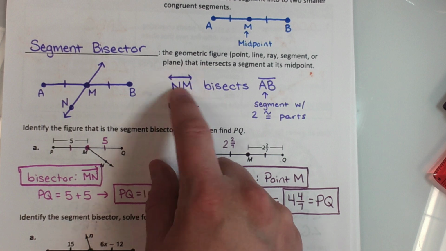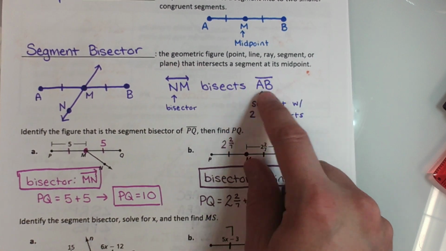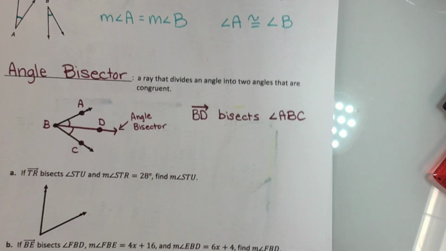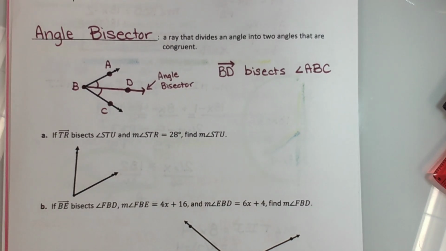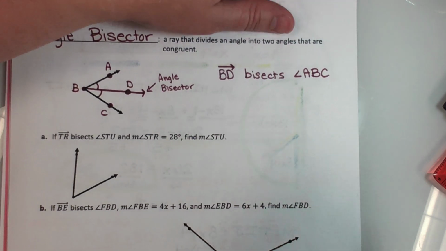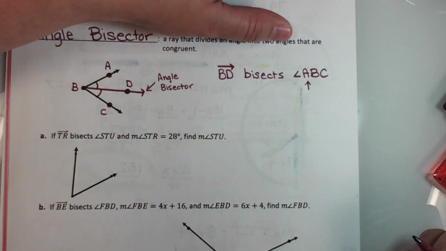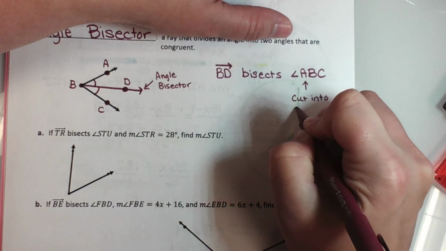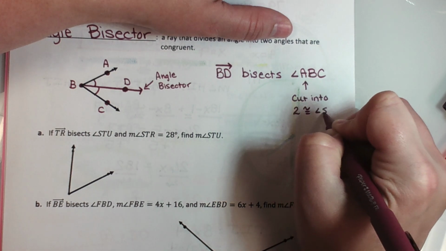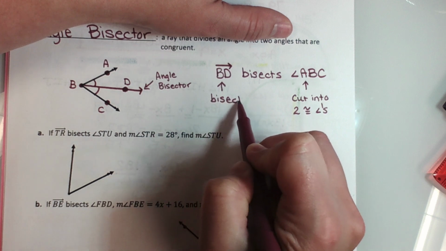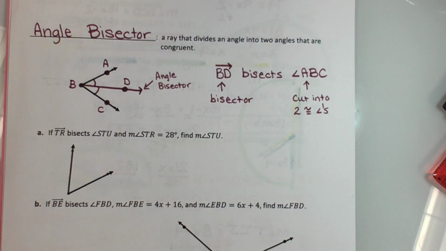It had something, bisects, and then it had the thing that got bisected. And it's important to know that because the difference between how you notate an angle bisector versus a segment bisector is just the second thing. This is the thing that got bisected. This is the thing that got cut into two congruent angles. While the first thing is still the bisector. It's the thing that did the cutting. It's essentially the knife.